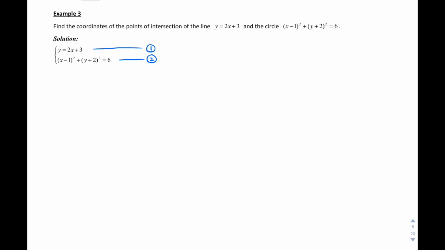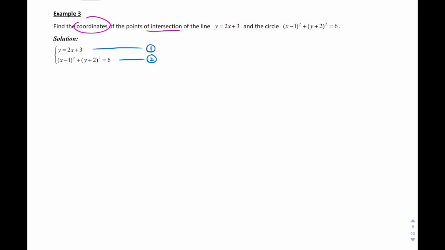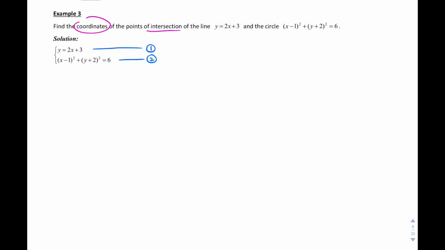Example 3. Here you are asked to find the coordinates of the points of intersection of the straight line y equals 2x plus 3 and the circle. Still, we use the method of substitution. We just sub 1 into 2, and then you will have x minus 1 whole square plus y replaced by 2x plus 3.